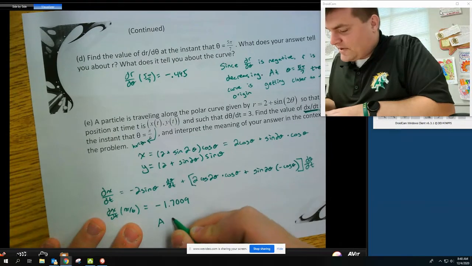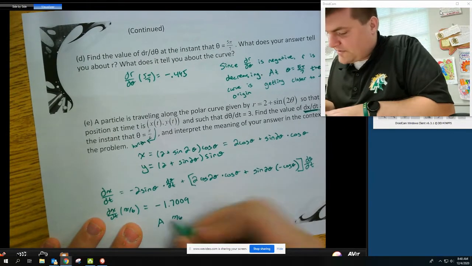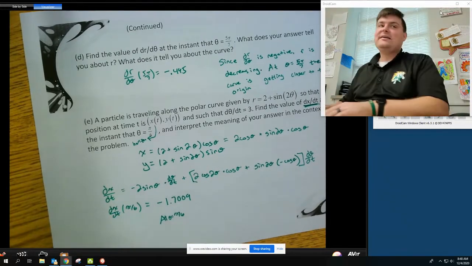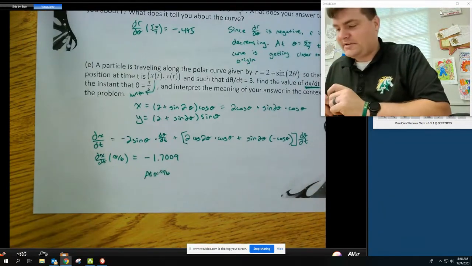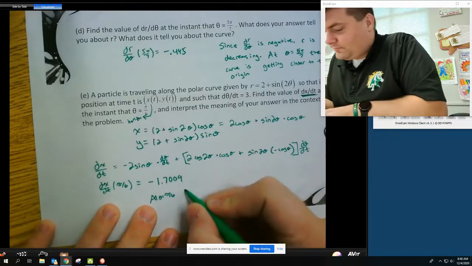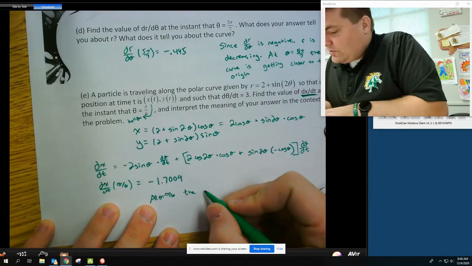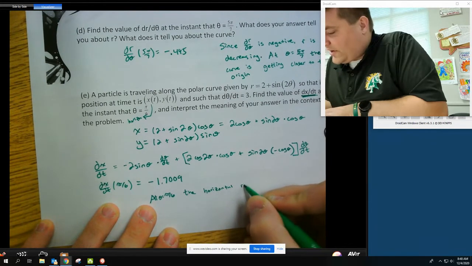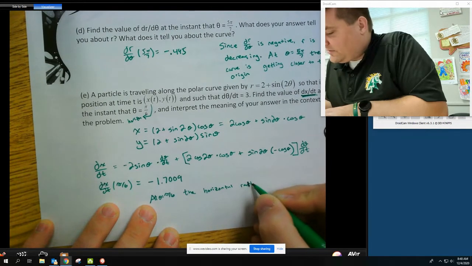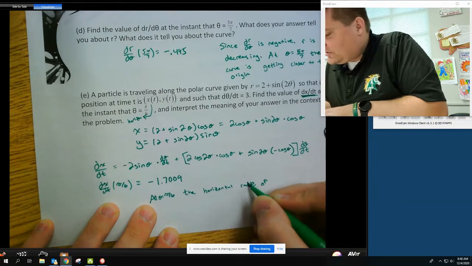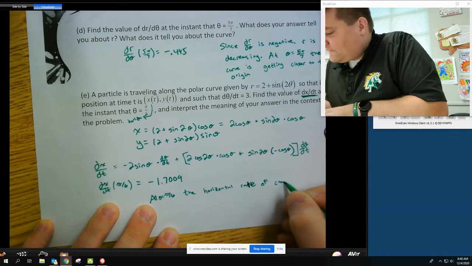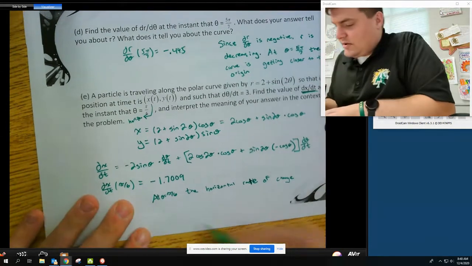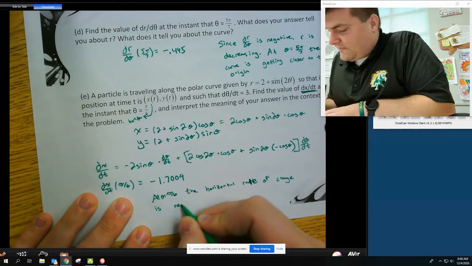So at theta equals pi over 6, rather. I can't even spell at. Rough morning. At theta equals pi over 6, the horizontal rate of change is negative.